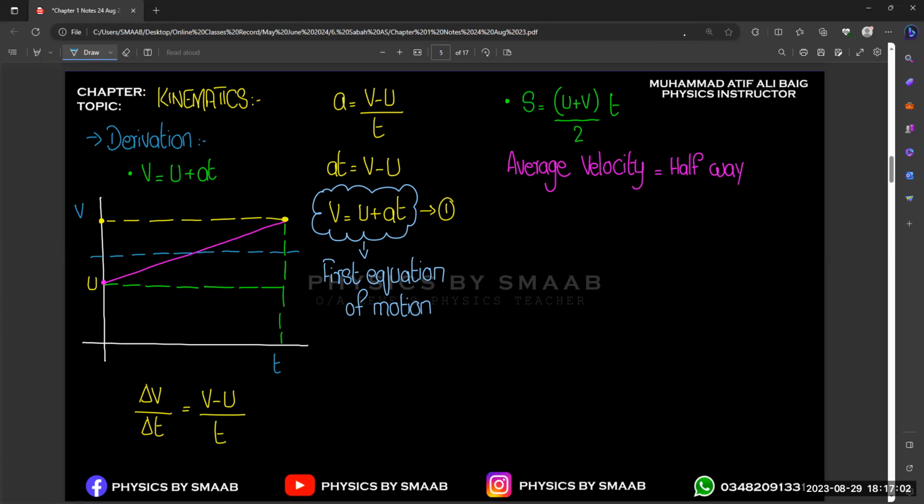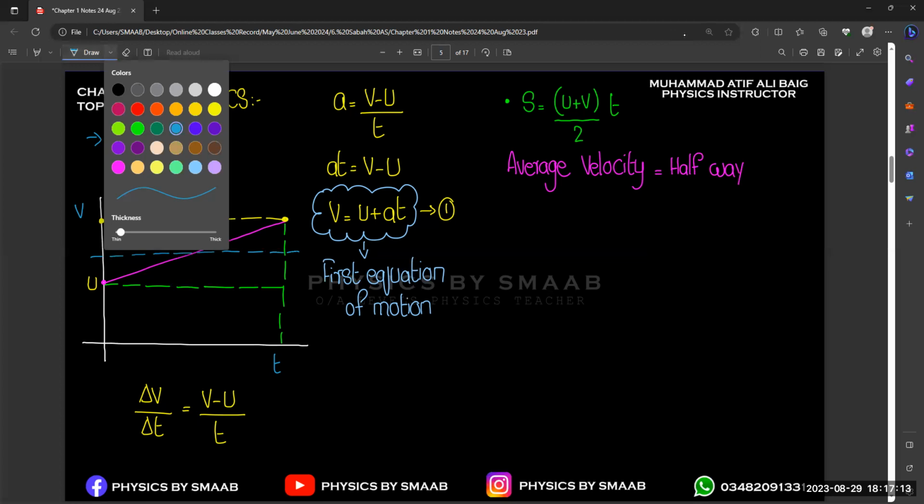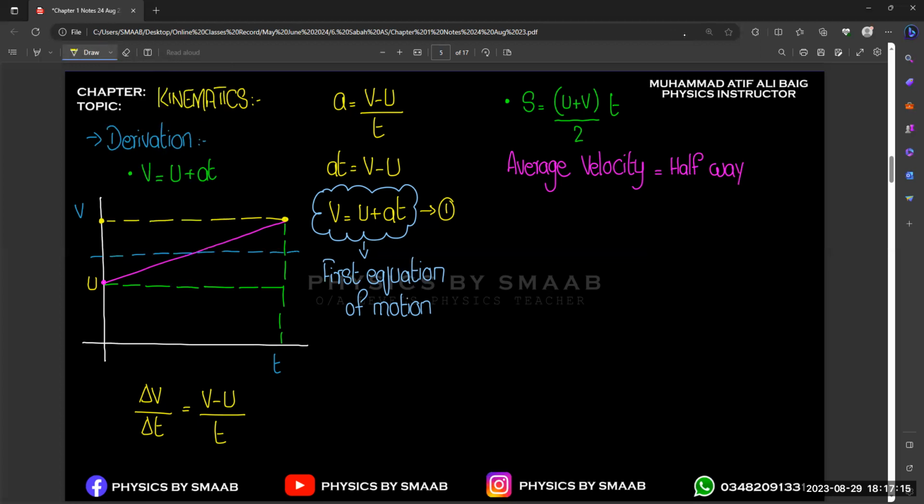Yes, because you know that in your equation there is a concept of average velocity. U plus V divided by 2 is basically the average velocity. So from the graph we take the average velocity, V plus U divided by 2.